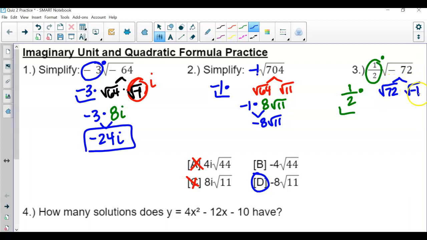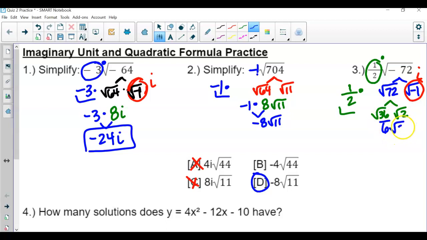So we're going to take out the square root of negative 1, which again now we have i, our imaginary unit. So when we break this apart, if I were to think of perfect square factors, I could use 9 and 8 or the square root of 36 times the square root of 2, radical 2. Now I've got radical 36, so the square root of 36 is 6, right?